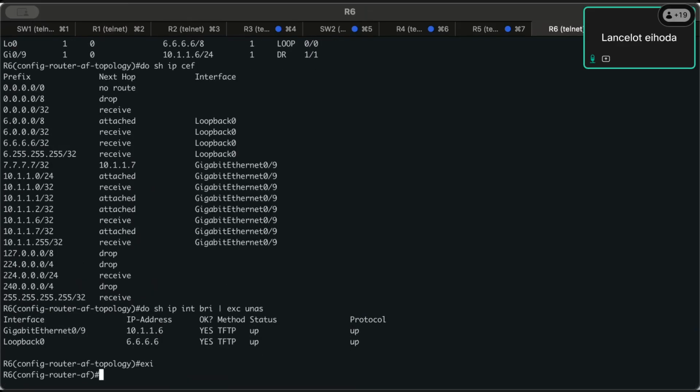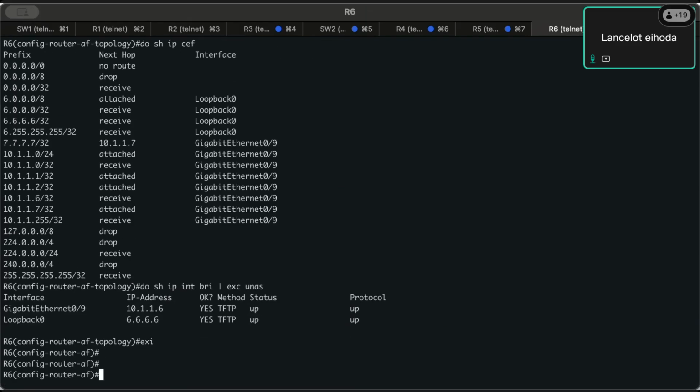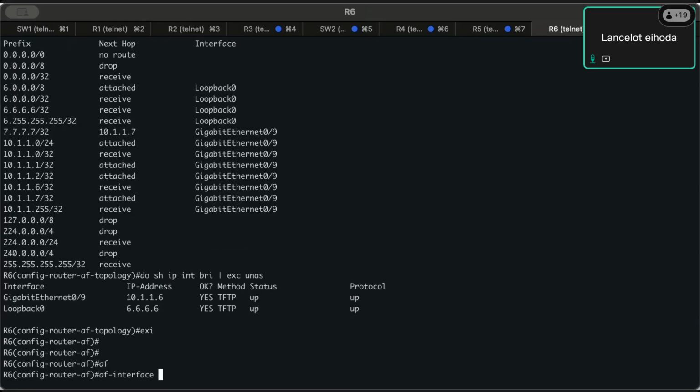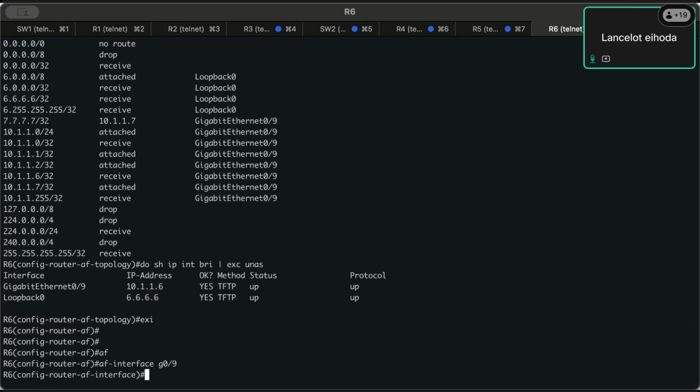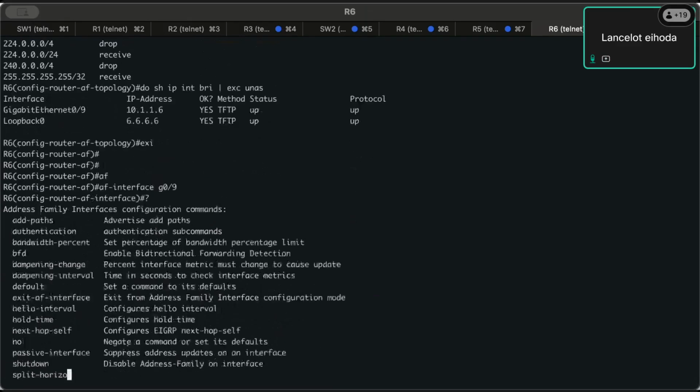We're in router 6, yes? We're under the address family. So let's go to the address family interface G0/9, where it is connected, right?